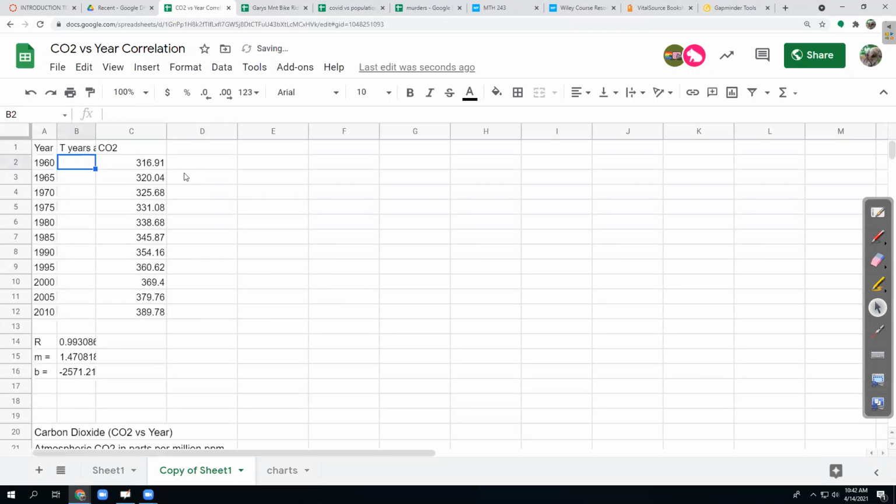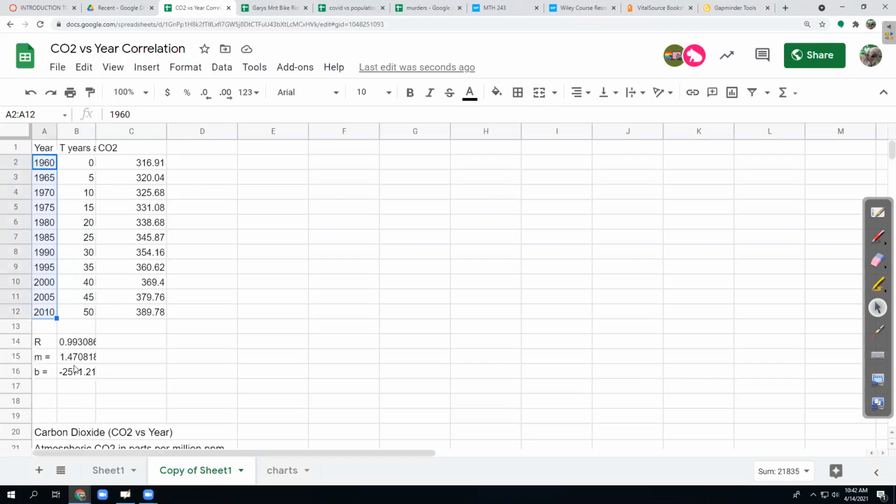Then this right here would be year 0, and this would be 5 years later, and so on. I'm going to calculate that: take the given year minus 1960. A lot of times we do this when we have a year involved, because it's easier to talk about years after some point than to use the actual year.